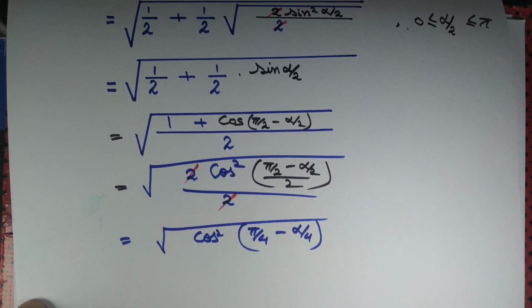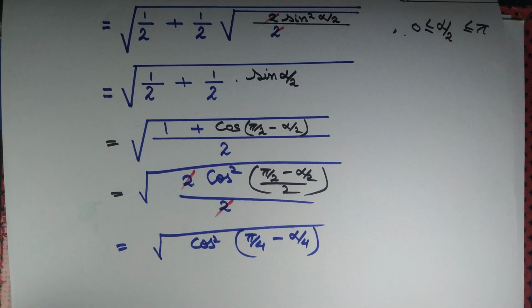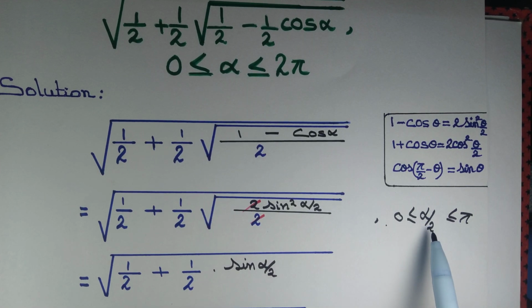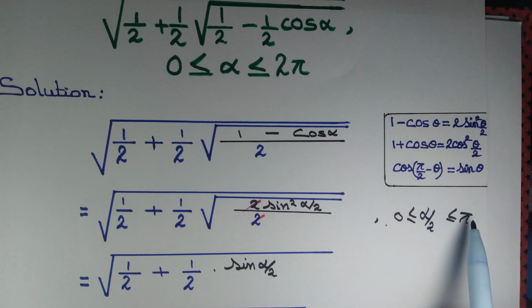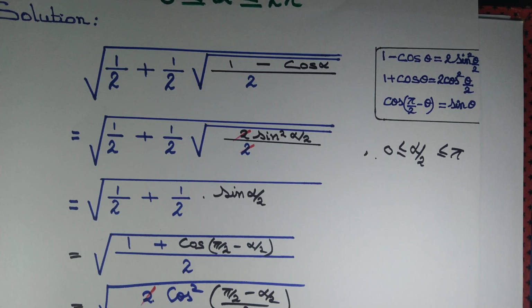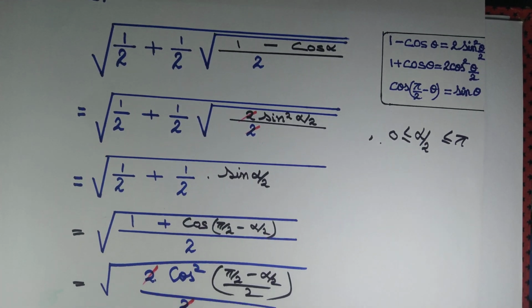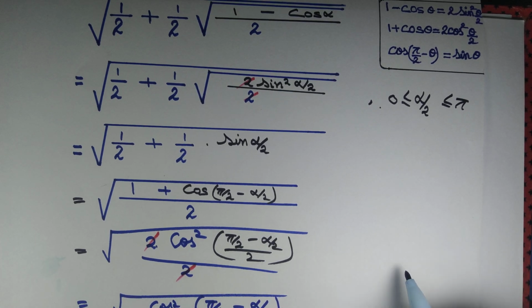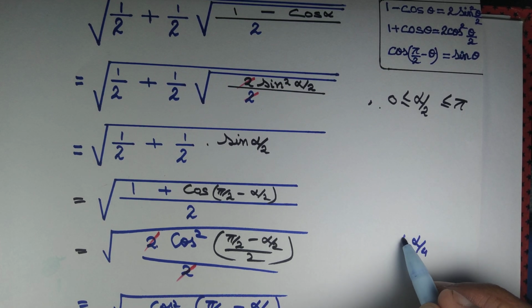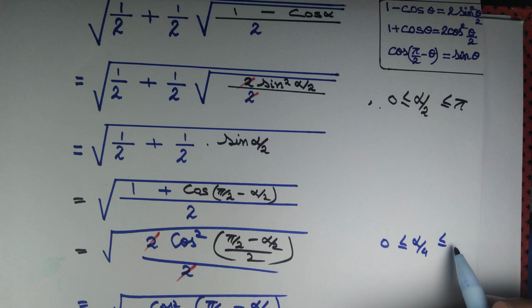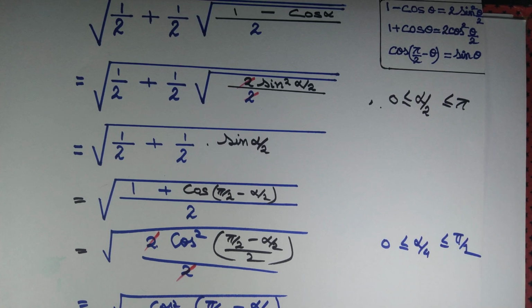Okay, we have this expression, but can we cancel root and square? Let's see it. Observe that alpha by 2 will lie between 0 and pi. So what about alpha by 4? Alpha by 4 will lie between 0 and pi by 2.